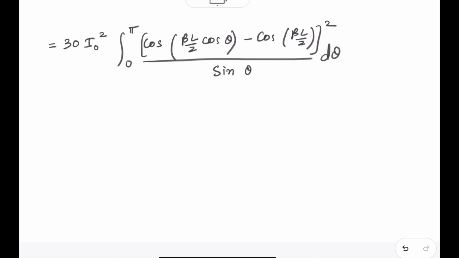So now this equation has to be equated to I naught by 2 the whole square into r. So equating both these equations, that is power delivered is also given by I naught square r naught by 2.